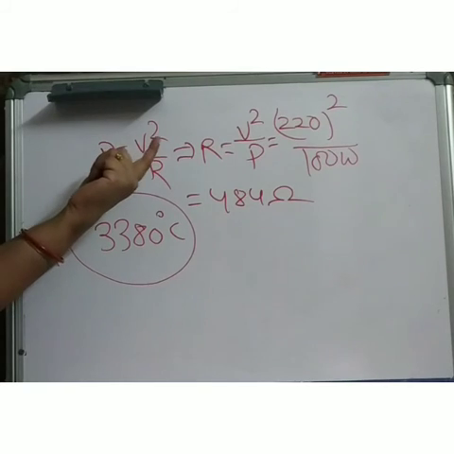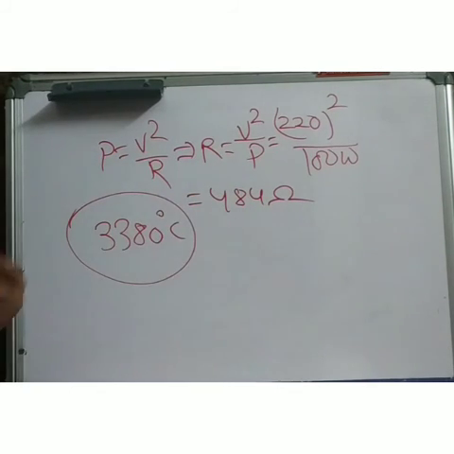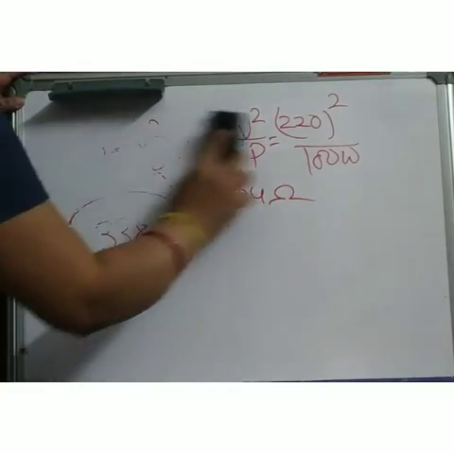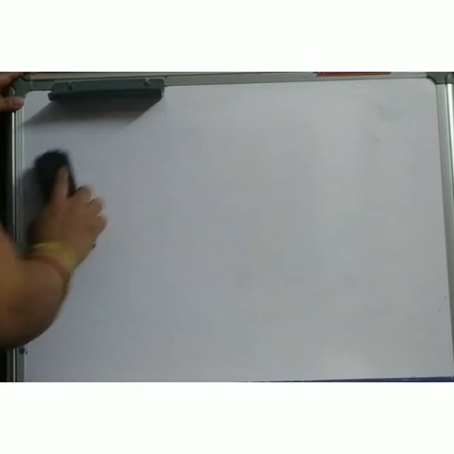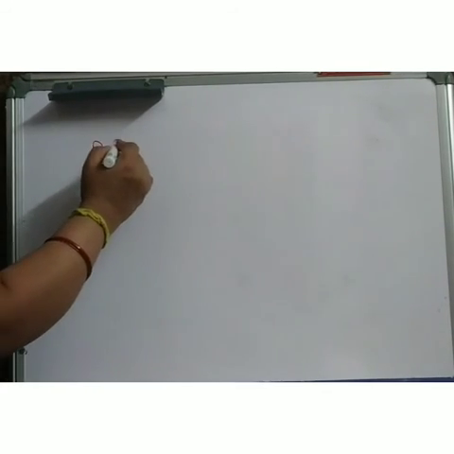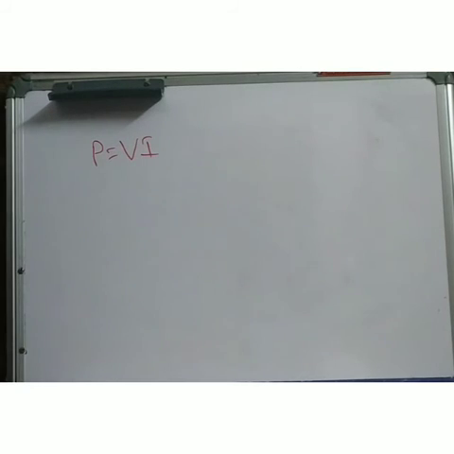So from the power rating, we can easily calculate the resistance of the bulb. What other information are we getting from the power rating? Let us see. You know P is equal to VI.